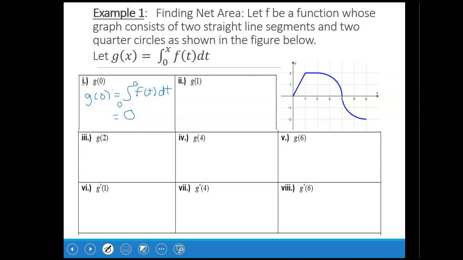So now, if I want to find g of 1, it's going to be equal to g of 0, which is nicely 0, plus the integral from 0 to 1 of f of t dt.